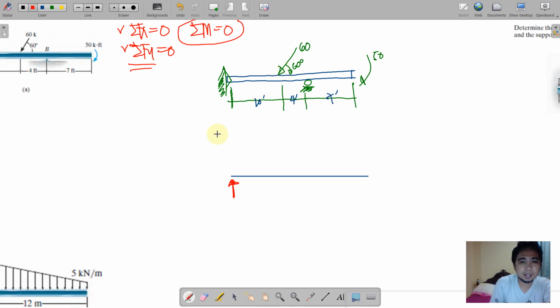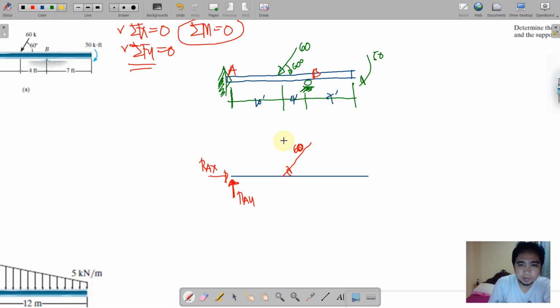Okay? And then another horizontal. So I'll just have that to be towards right. So of course, kailangan nating label yan so that we'll be having an abbreviation for every reaction. See, ito RAX and this is RAY. So yung 60 dyan, we'll be having a component here.